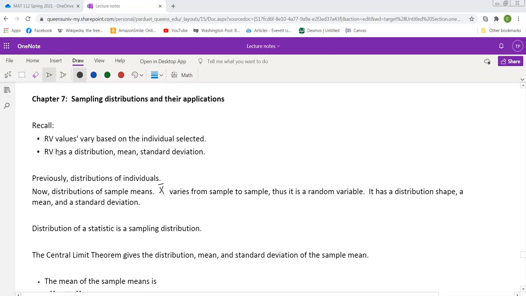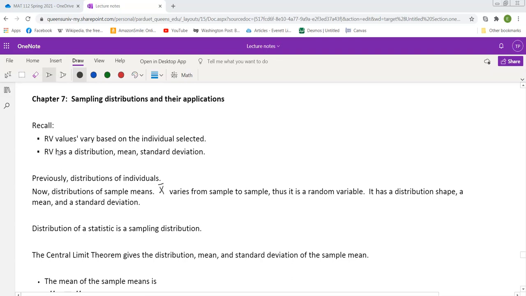There are lots of other ones, but we haven't looked at those. Every random variable also has a mean, which we said was mu because random variables describe a population, and it always has a standard deviation, which is sigma. If you don't remember what those symbols stand for, this is a really good time to go look for them, make your list, and keep those handy.